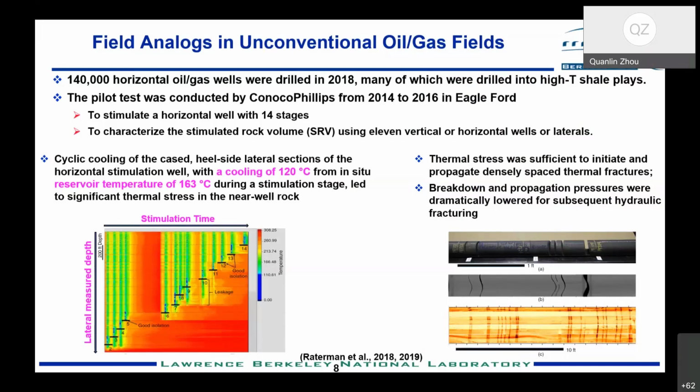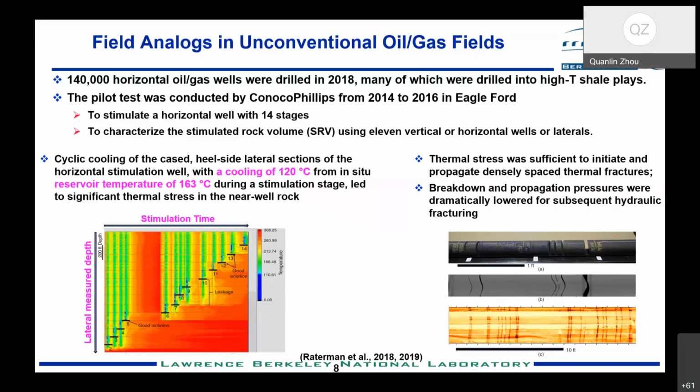But the oil industry has not paid attention to thermal fracturing during hydraulic stimulation of unconventional fields. This case helps us develop the second scenario of radial transverse thermal fractures.